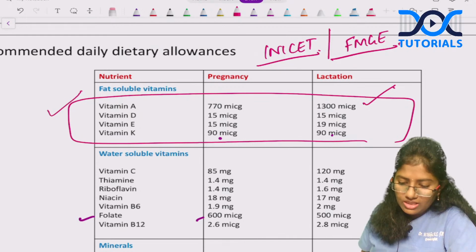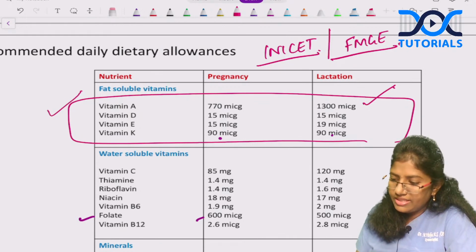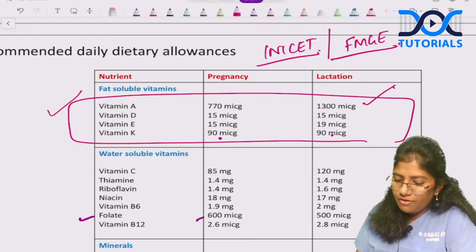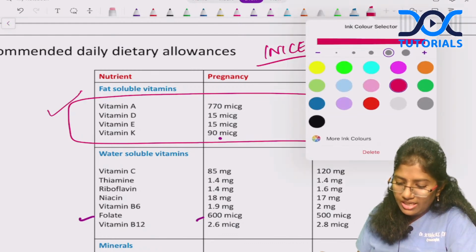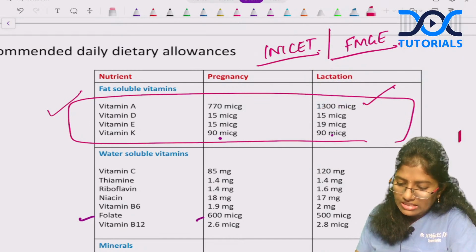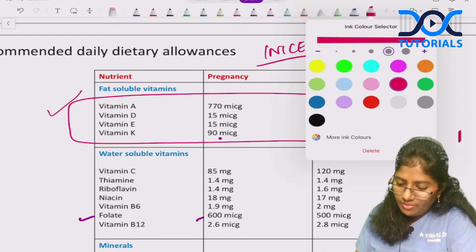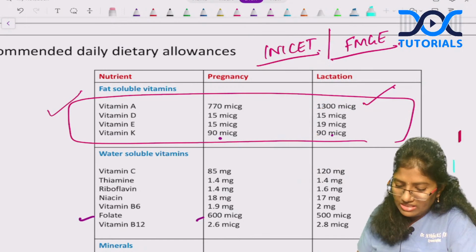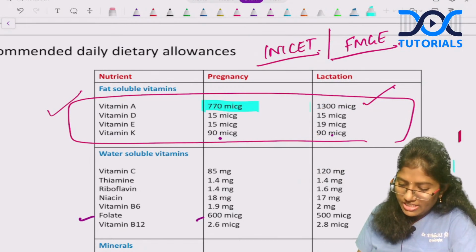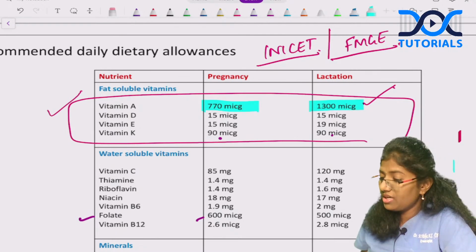As you can see on the screen, the daily requirement of vitamin A during pregnancy is 770 microgram, and during lactation it is 1300 microgram.